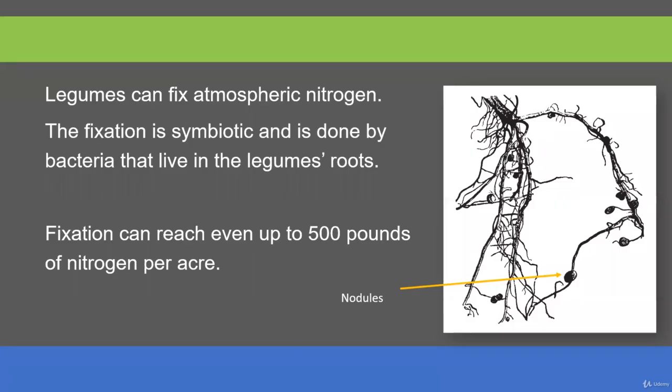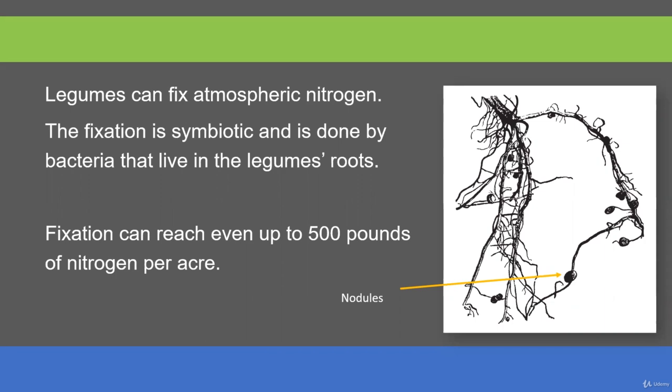Now, some crops can absorb nitrogen from atmospheric nitrogen. This is called fixation. They don't absorb it directly from air. There are some symbiotic bacteria that live on nodules on the roots, and these bacteria can fix atmospheric nitrogen.